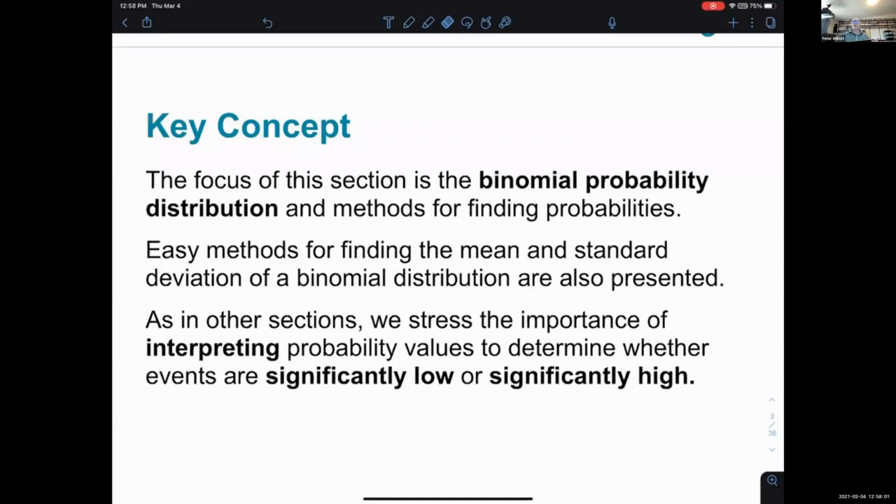We're also going to look at easy methods for finding the mean and standard deviation of a binomial distribution. Those are presented. And as in other sections, we stress the importance of interpreting probability values to determine whether events are significantly low or significantly high, just as we did in other sections. So that's the key concept of the goals for this 5.2.